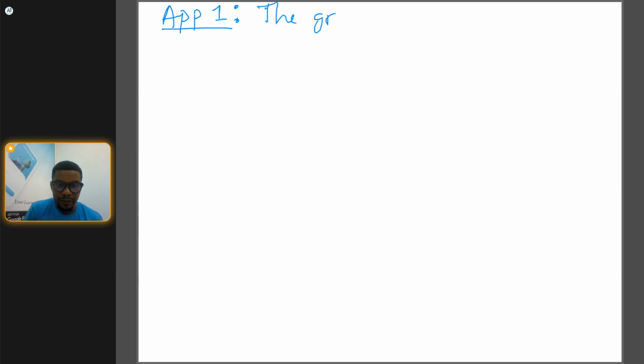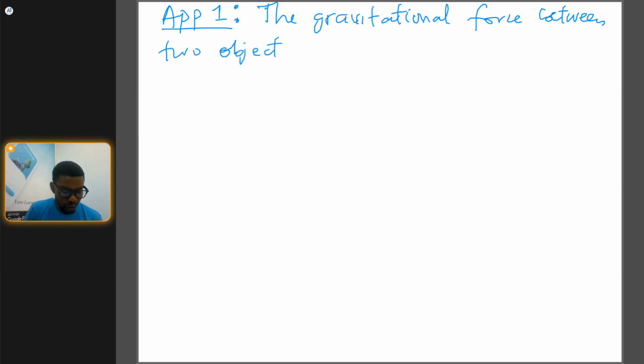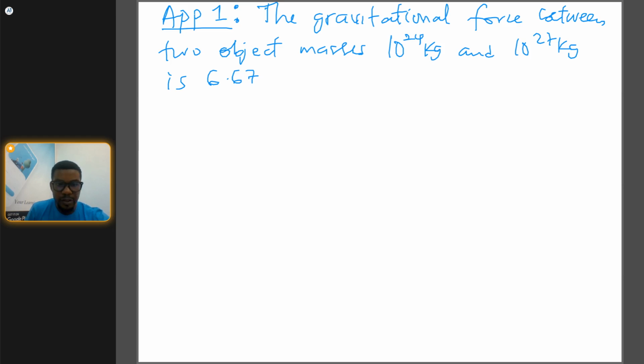The gravitational force between two objects, masses 10 raised to power 24 kilogram and 10 raised to power 27 kilogram, is 6.67 Newton.